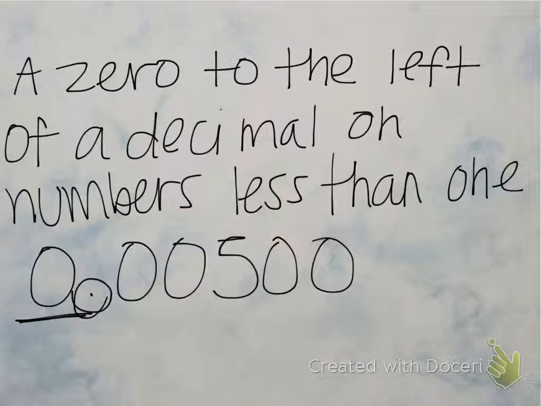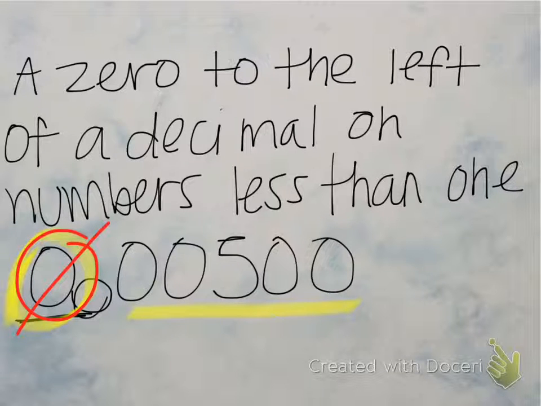The only reason we write that zero is to make it evident to those reading the number that that is a zero, not a period, or to make them realize it is actually there. So a zero to the left of the decimal, on a number less than 1, is not significant. It is only there for conventional purposes. It's only there for us to recognize that this is a decimal. So that zero, also not a significant number.